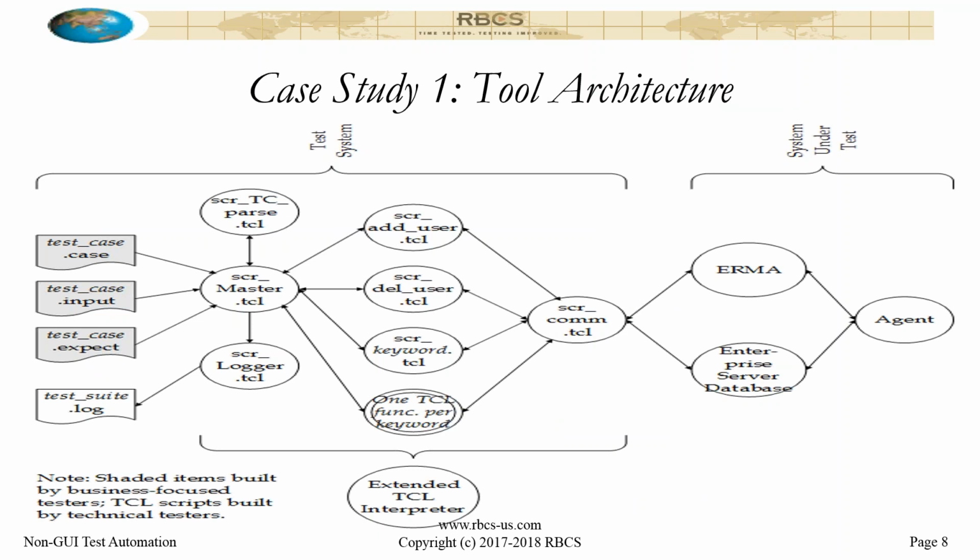So the way the tool works is we start from the right side to begin with, looking at the part that says system under test at the top. There's the agent, okay? And there's also this interface called IRMA, which I forget what that stands for, but it's part of the system under test. And then there's the enterprise server database.